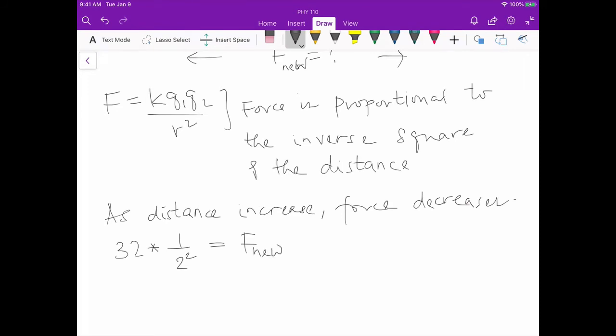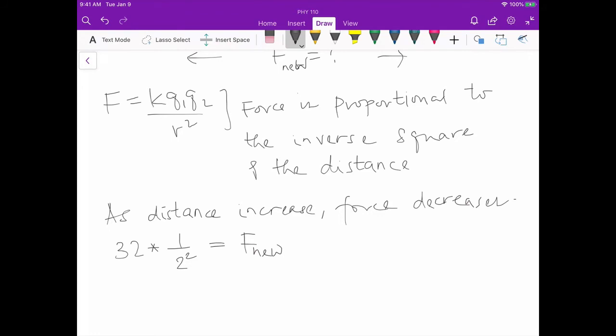This is not the case that when the distance doubles, the force doubles. No. Or that when the distance doubles, the force decreases by a half. No. As the distance increases, the force decreases in proportion to the inverse square of the distance.